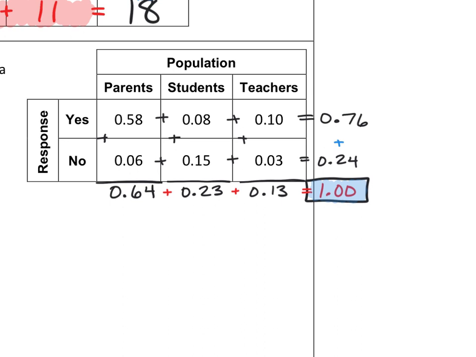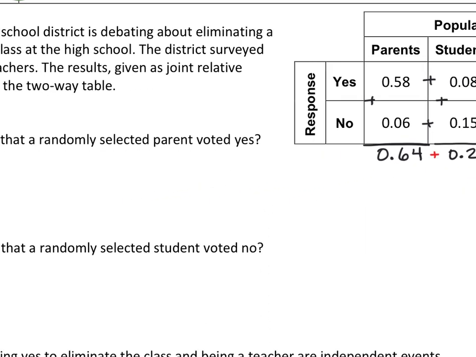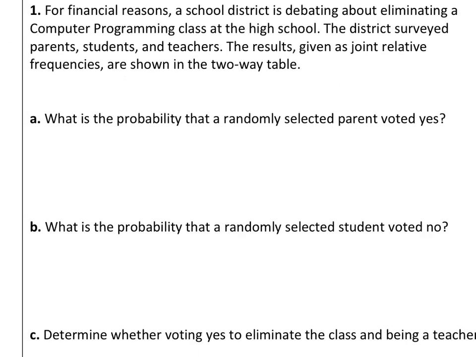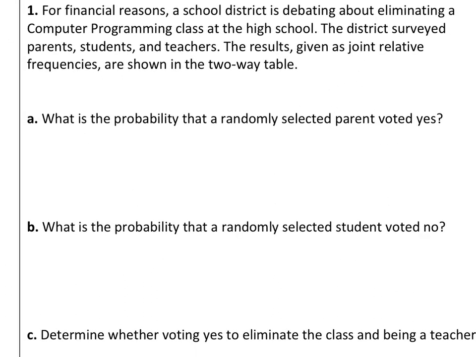All right, we needed to do all of that because we know we need these small totals as well as our total to do a bunch of probability questions. The first question says, what is the probability that a randomly selected parent voted yes? So I am asking you to find the probability that the parent voted yes, again, given that they're a parent.